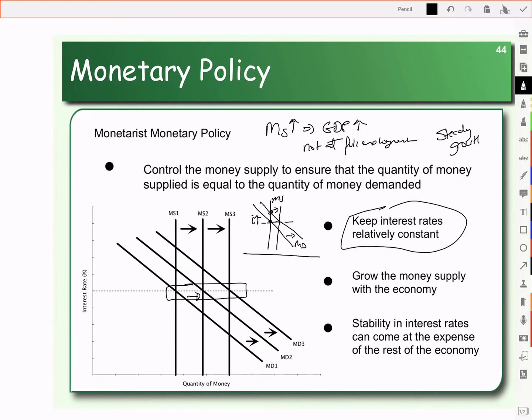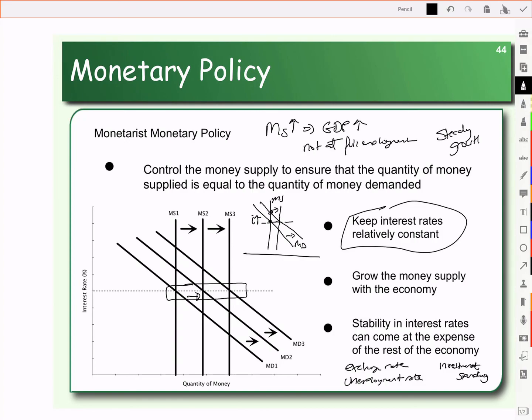So we have to look at, as we increase the money supply, what's happening with the exchange rate, what's happening to the unemployment rate, what's happening to investment spending. So if primarily we're just keeping interest rates exactly where they're at, that may not be what's needed to stimulate or slow down the economy.